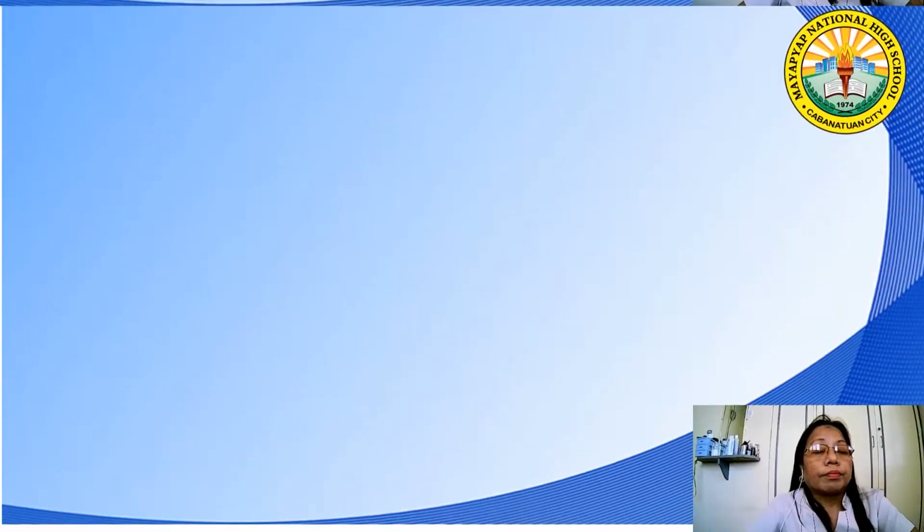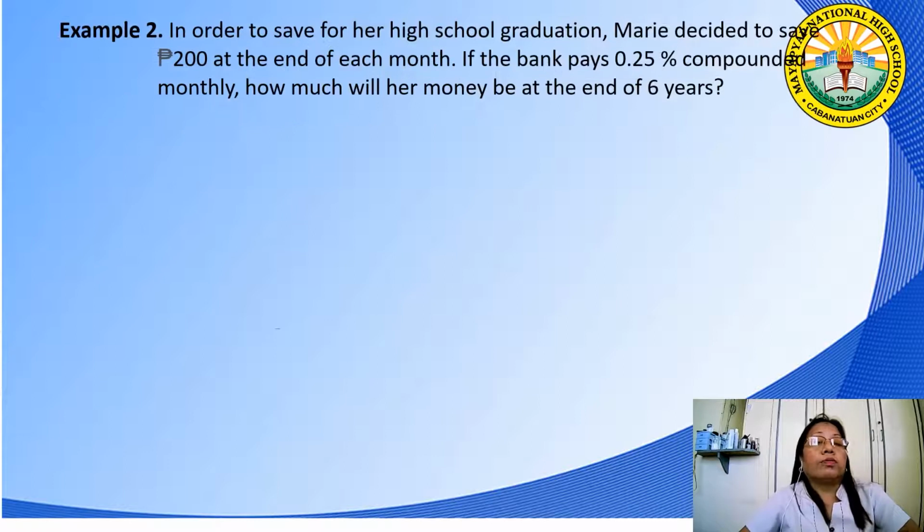For example 2, in order to save for her high school graduation, Marie decided to save 200 at the end of each month. If the bank pays 0.25% compounded monthly, how much will her money be at the end of 6 years?